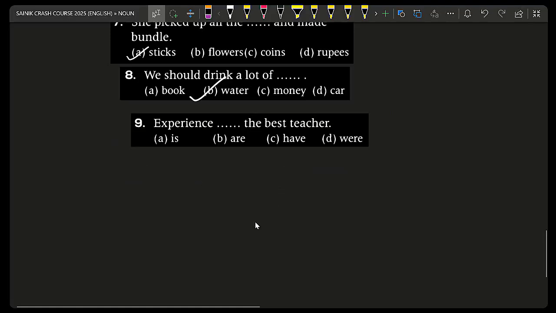Experience dash the best teacher. Option A, experience is the best teacher. Experience are the best teacher. Experience have the best teacher. Experience were the best teacher.